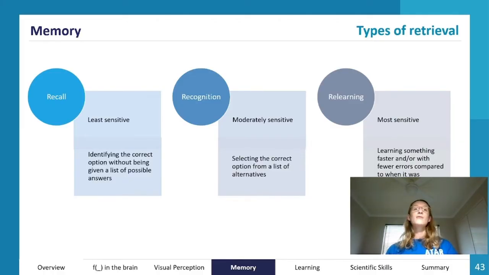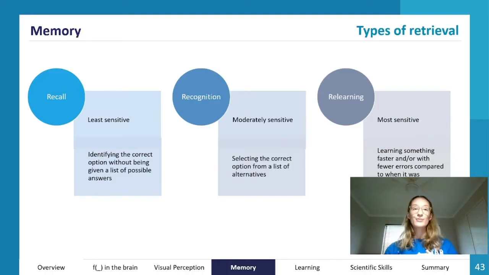For example, if the question asked you to discuss the steps of how the amygdala and hippocampus are related to each other, they would be asking you to use your serial recall.